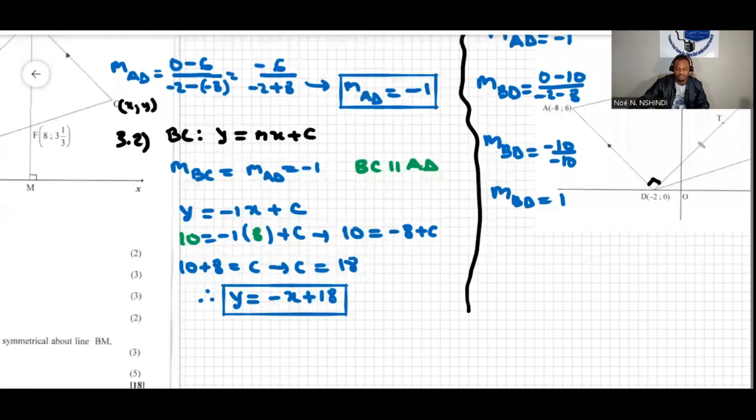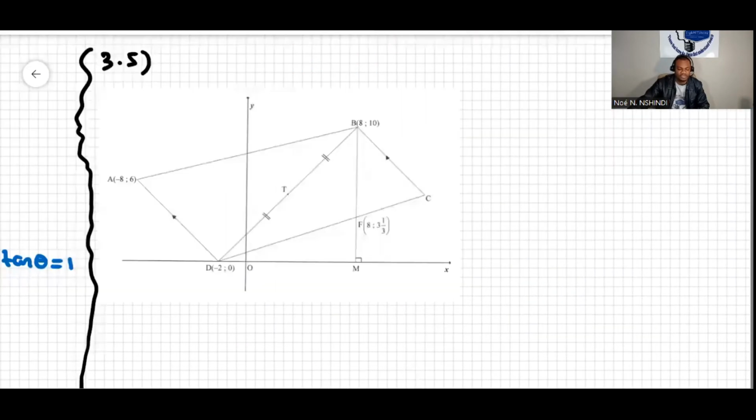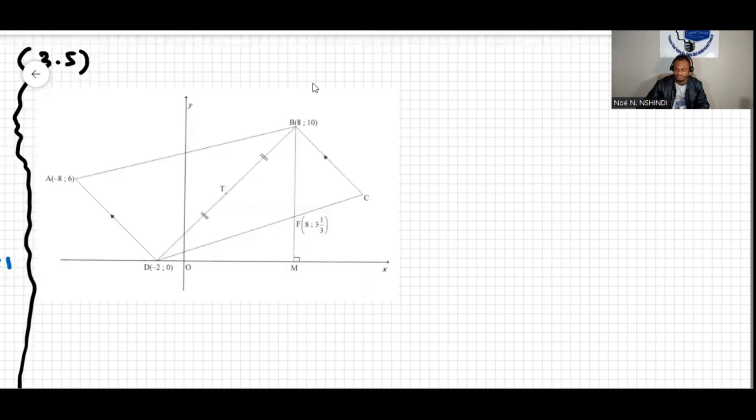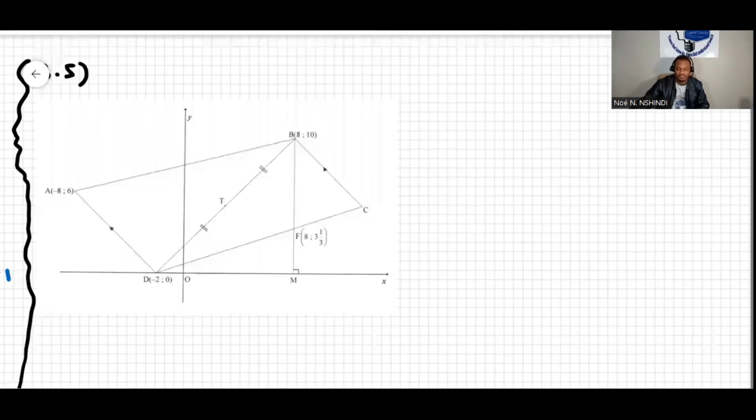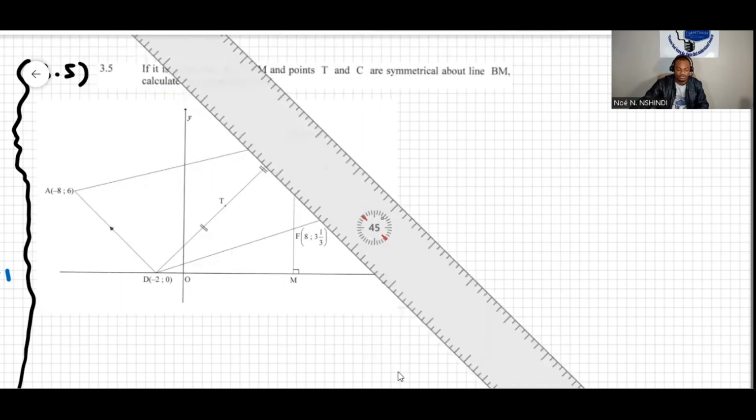All right, let's move over here. I can just post the question over here too. Here it is. It is given that TC is parallel to DM, meaning I can just draw the line here.